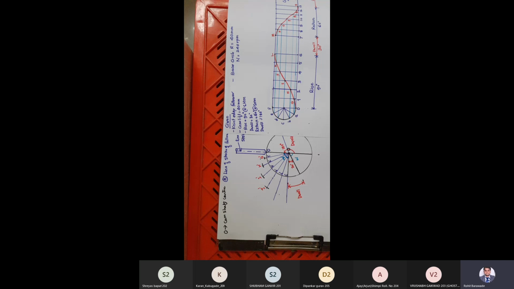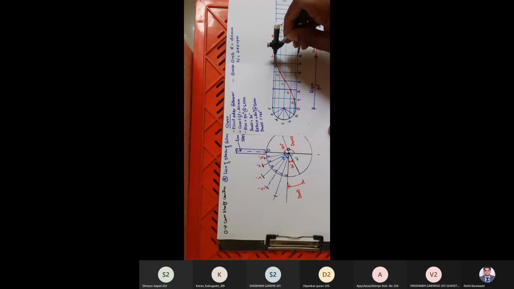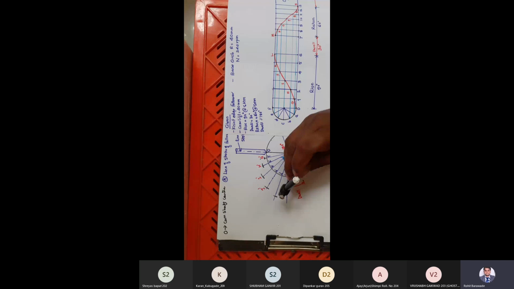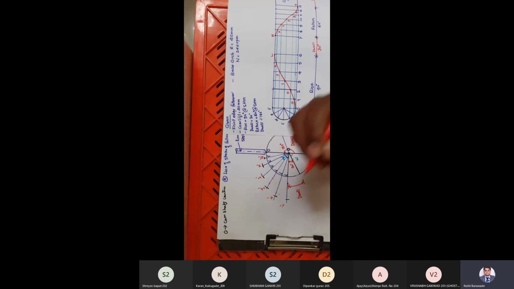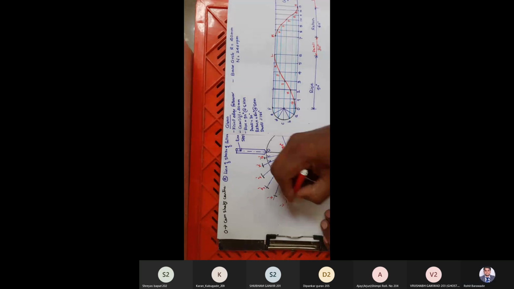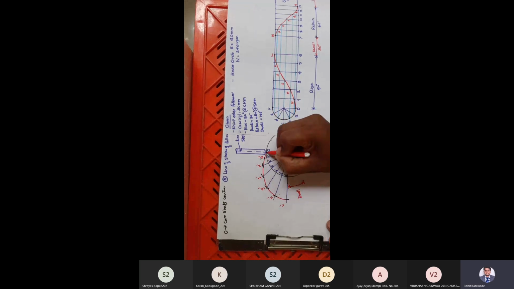And last is 6 to L, then place at the 6 dash point and mark a point. So I will give the names J dash, then K dash and L dash, right? Then I will join the points using red color. I will start from O, then G dash, H dash, I dash, J dash, K dash, and up to L dash.